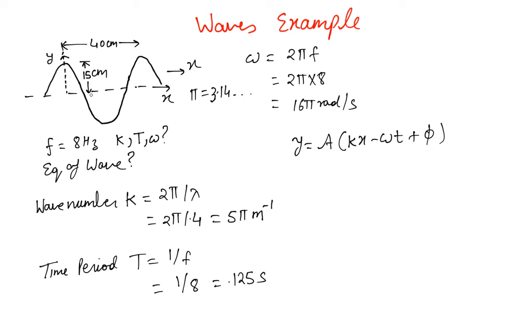So we can clearly see the wave does not start at 0. Instead, it starts at a 90-degree phase. If you draw a wave, phase is 0 here. This is pi over 2 or 90 degrees.